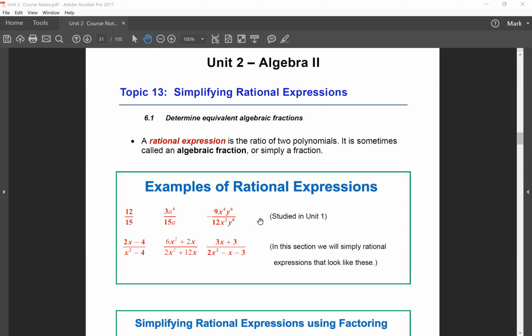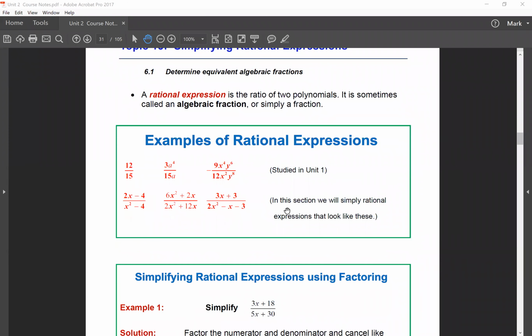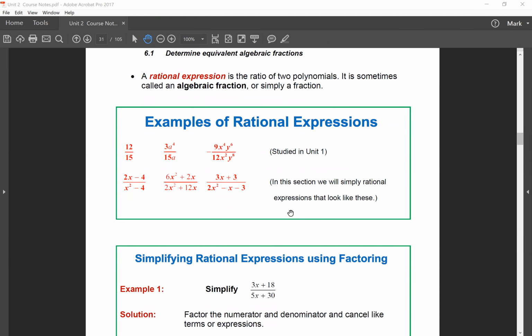We did this in Unit 1, but now we're going to apply factoring to this. So rational expressions are basically expressions with numbers, and they could have variables, could be A, B, X, or Y. But in Unit 1, about three weeks ago, we didn't really have the skills to do much with this.